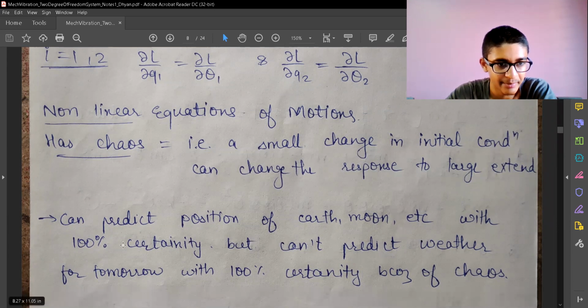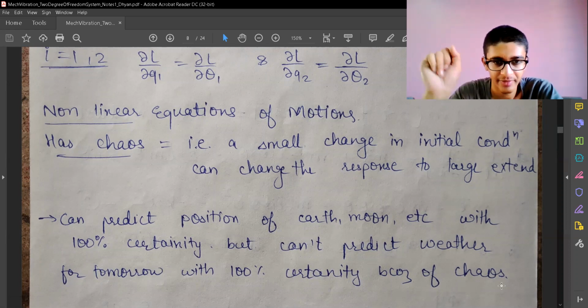So how is this applied in our real world? We can predict the motion of Earth, rotation of Earth, Moon, and all other planets' positions with almost 100% certainty. But we cannot predict the weather for tomorrow with 100% certainty. That is because of chaos.